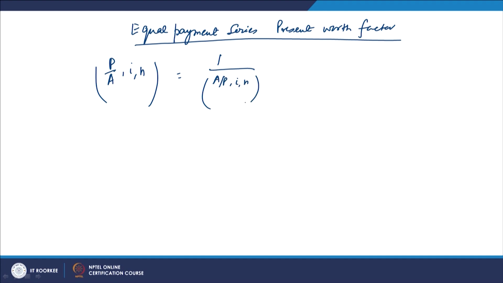A by P, i, n we have seen was i into (1 plus i) raised to the power n, divided by (1 plus i) raised to the power n minus 1. So, it will be the reverse of that: (1 plus i) raised to the power n minus 1, divided by i into (1 plus i) raised to the power n.